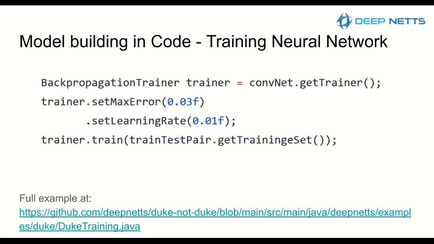The call to the train method with the training set finally invokes the training. The full code example of this training for the Duke set is available on GitHub at the provided link.